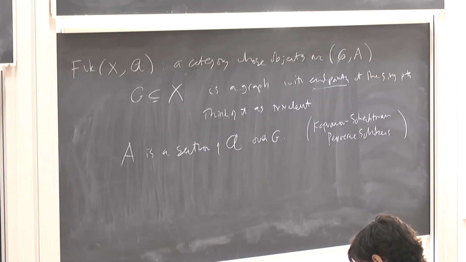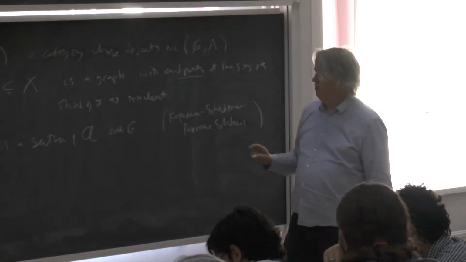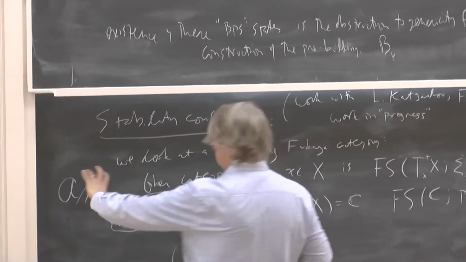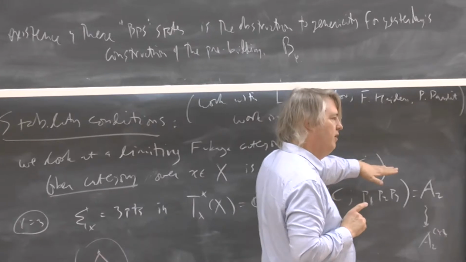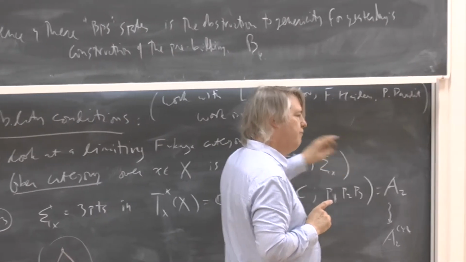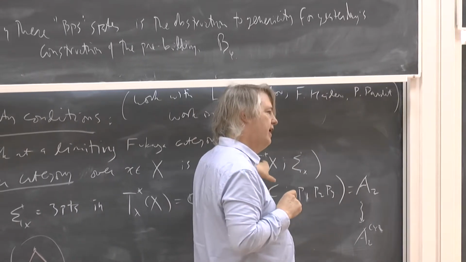So you say A is a section of this curly A. What is curly A? Curly A is this family of categories. For each point at the base, we have this product category. So it means that for each point in the graph, we're supposed to be giving an element of this product category.